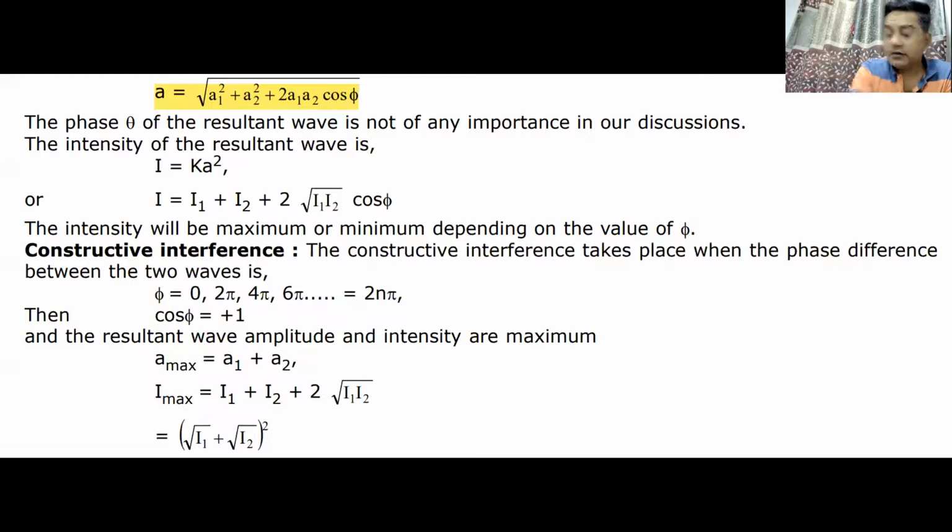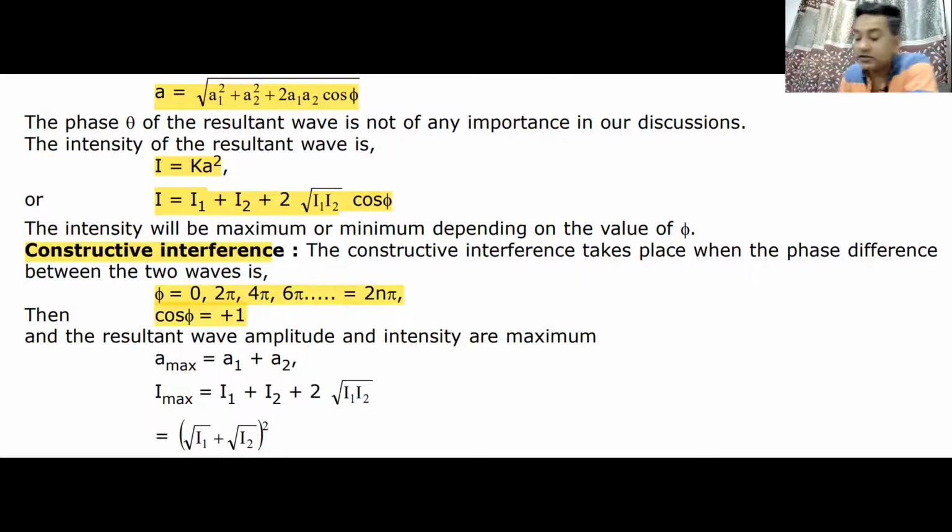Well, continuing our discussion on interference, constructive as well as destructive. If we talk in terms of intensity, intensity is directly proportional to A square. So this becomes the formula for intensity. The next heading is constructive interference, and it happens when the phase difference is 2n pi.